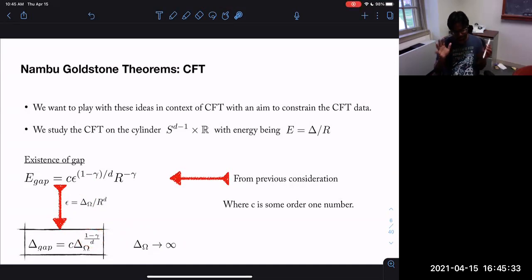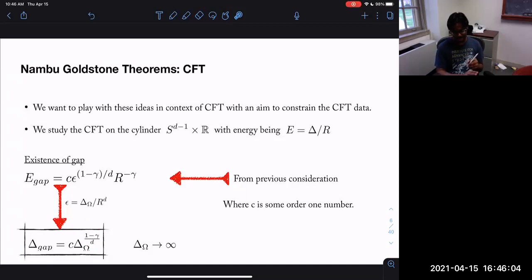To summarize, you take a state delta omega so that you have a finite energy density, and then you take the infinite volume limit, and you immediately see that above the state delta omega there has to be a gap, and this gap should scale like delta omega to some power, and this power has to be less than or equal to 1 over d. So I parameterize it as (1 minus gamma) over d.